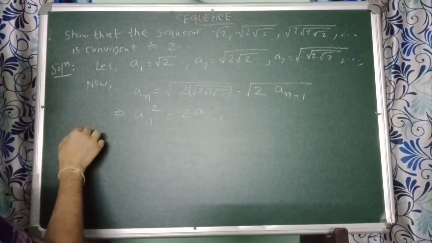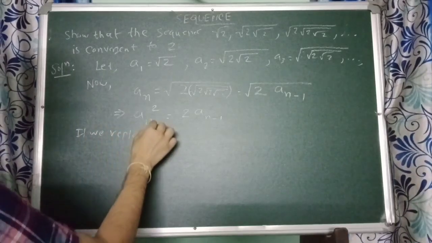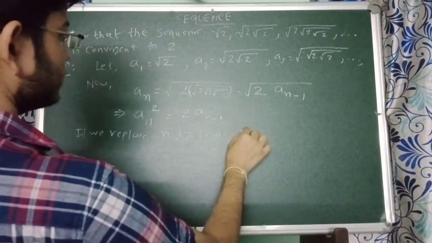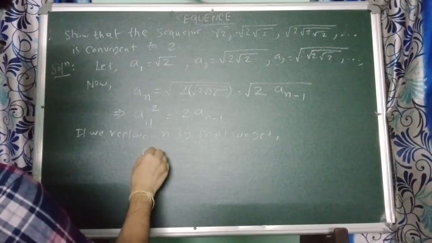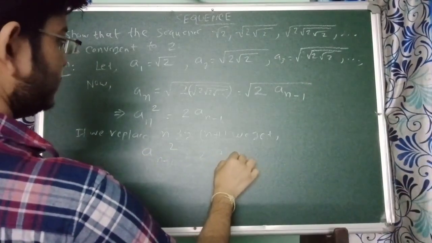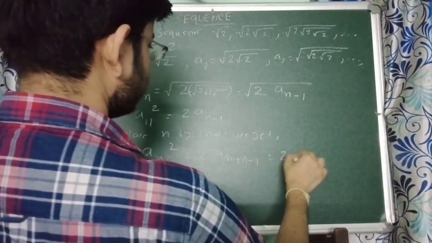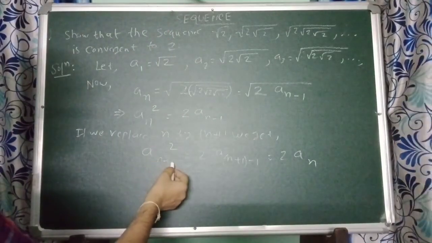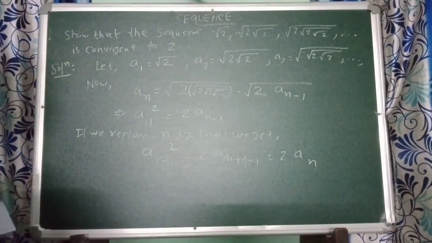So if we replace n by n plus 1, we get a_{n+1} squared equals 2 a_{n+1-1}, which is 2 a_n. So a_{n+1} squared equals 2 into a_n.